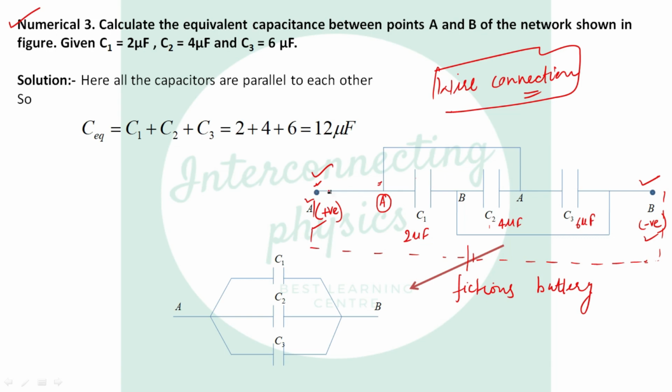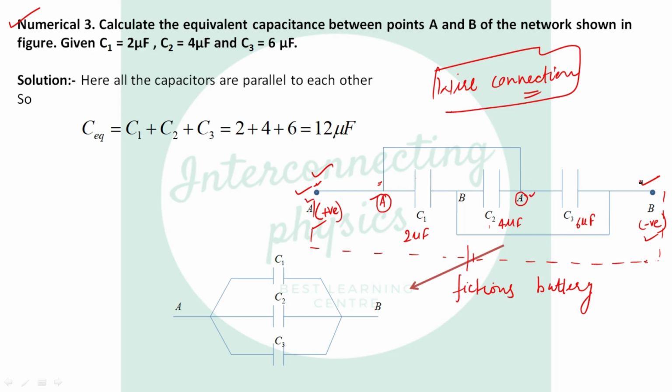So it means point A will come here. Now from here to here, again there is no element present, no capacitor, no resistor, not any element. It means no potential drop across here. So it means point A will come here. It means these 3 points are at the same potential.